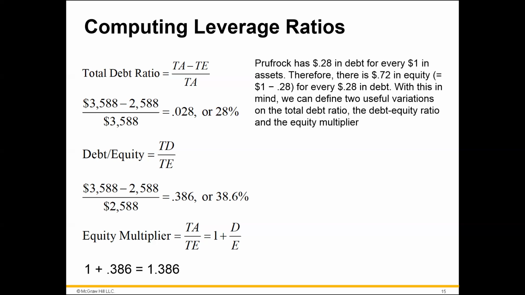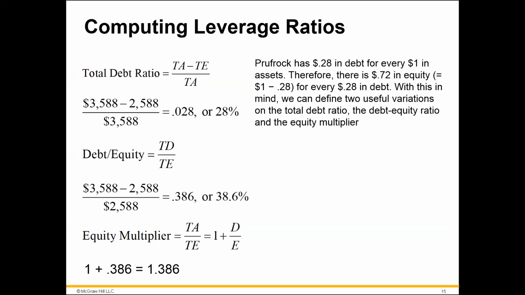So we can define other ratios as derivatives from the total debt ratio, like the debt equity ratio, which is defined as total debt divided by total equity. For our example, this ratio is 38.6%.